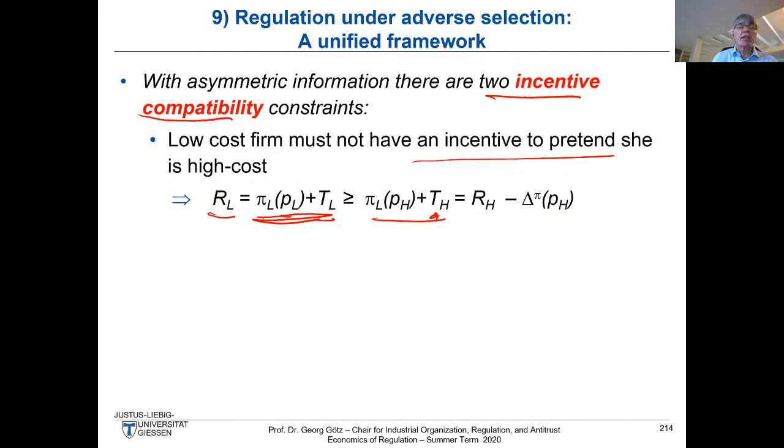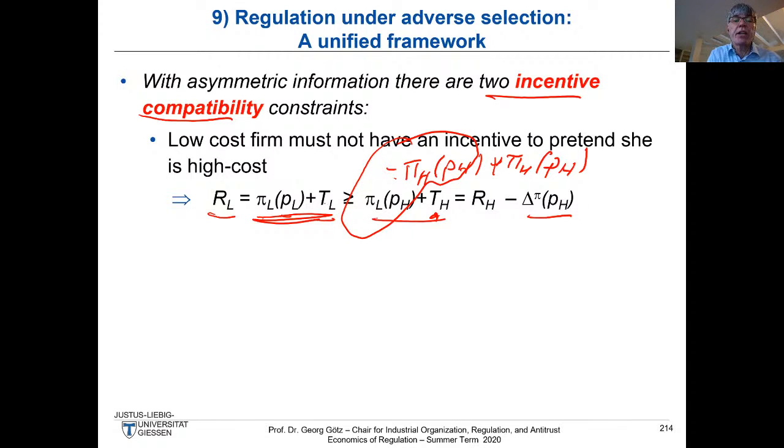Again, you can rearrange that by just adding and subtracting here minus pi_H of p_H plus pi_H of p_H. Then this expression with these two profits is nothing else than our minus our profit difference, and pi_H plus T_H is nothing else than our rent of the high type.